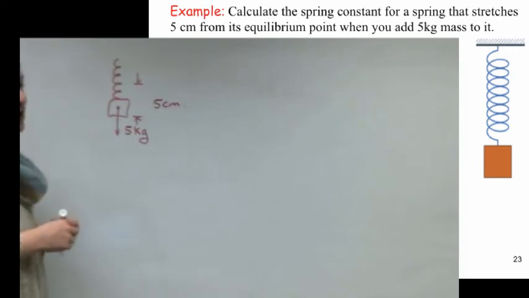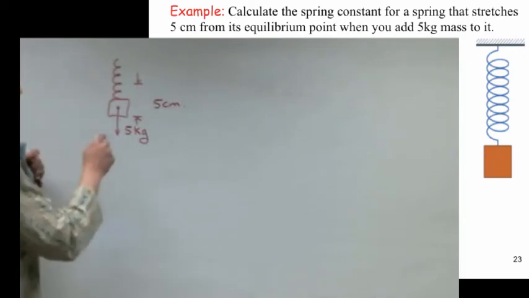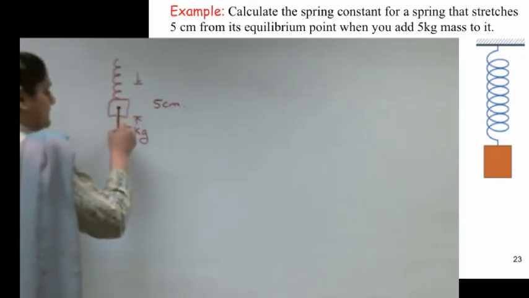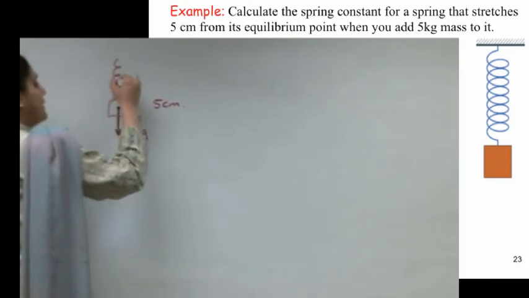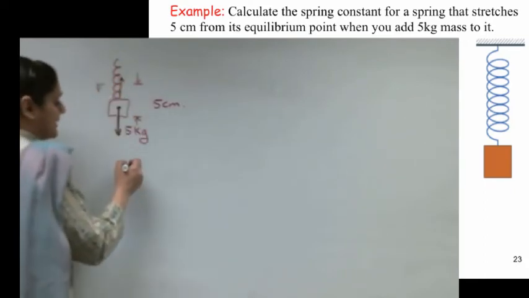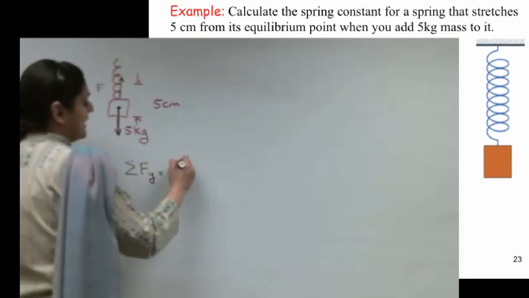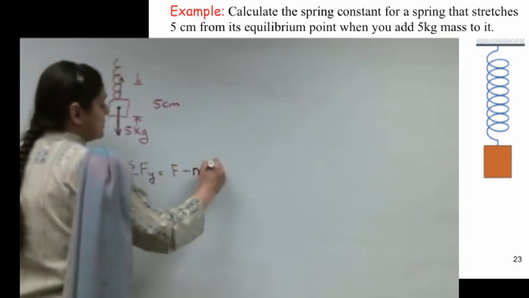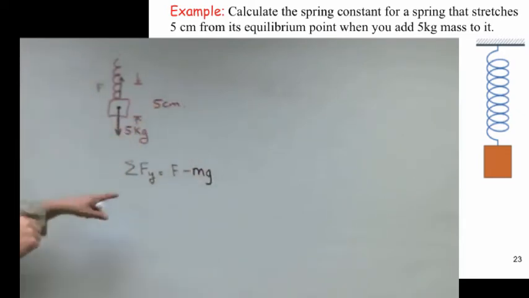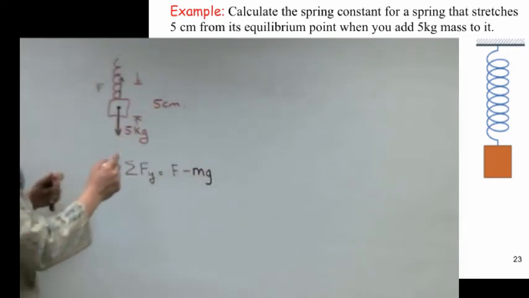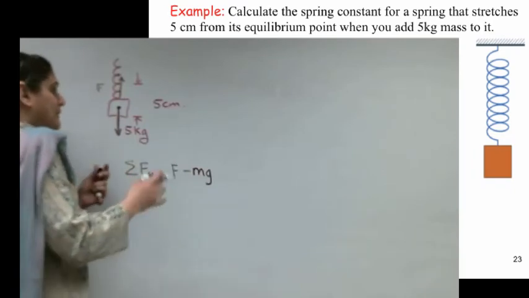If I draw my free body diagram, my weight is acting downwards, and my spring force is acting upwards. So my net force in the y direction will be F minus mg, where mg is the weight acting downwards. Is it going anywhere? Is it doing anything? No, it's just hanging there.